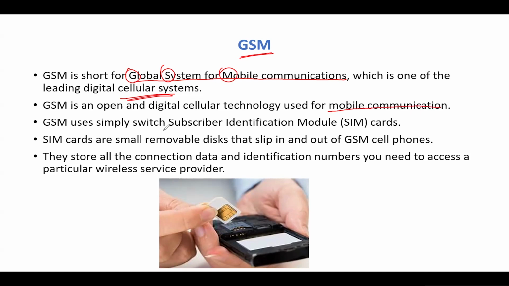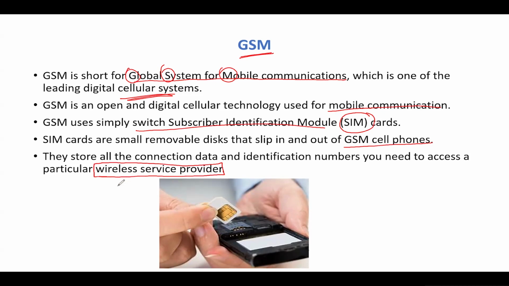GSM uses a subscriber identification module, which in short we call a SIM card. SIM cards are small removable discs that slip in and out of GSM cell phones. They store all the connection data and identification number you need to access a particular wireless service provider.